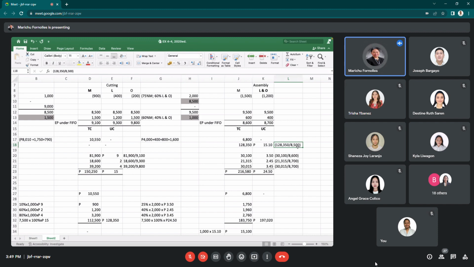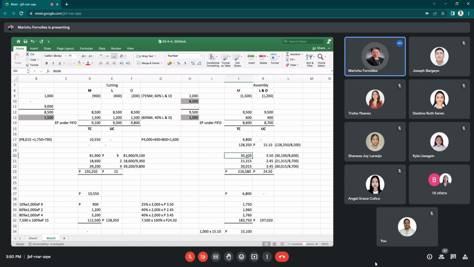But since first in, first out is what we used in exercise 4-5, your divisor will just be the units received from PD. Okay, so it will be CPD this month divided by RPD this month, which will give you the unit cost from PD or the unit cost transferred in under first in, first out, 15 pesos and 10 centavos.